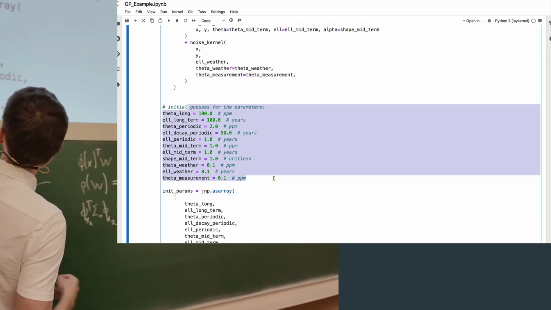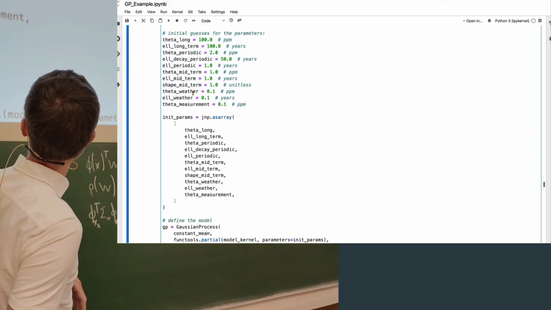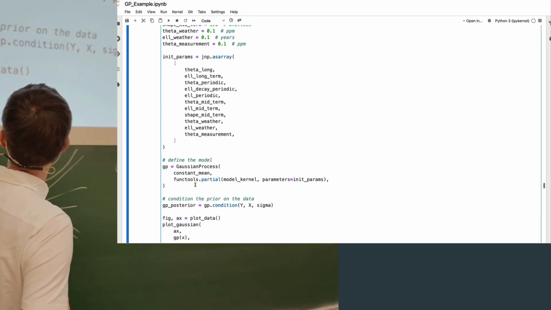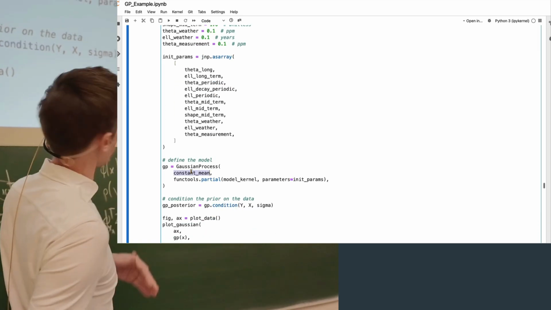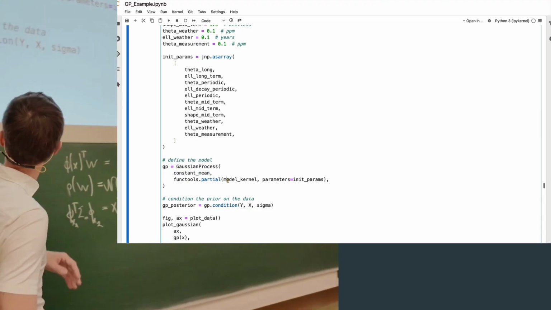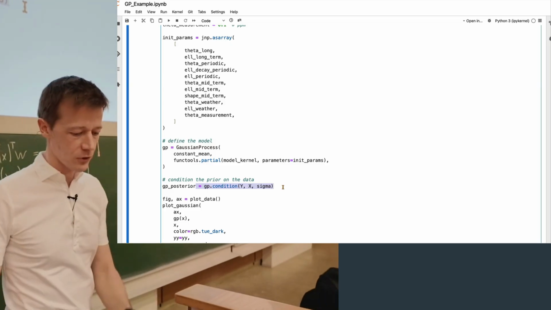Then I'm going to put them all into an array, which is just storing them somewhere. Initialize a model with the constant mean of the data set that I've pre-computed and this complicated kernel, and then just do machine learning. That's now just one line.